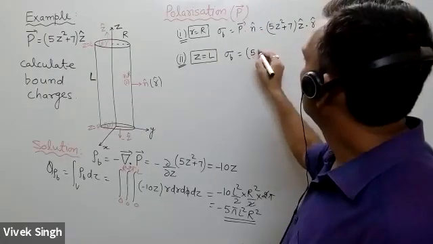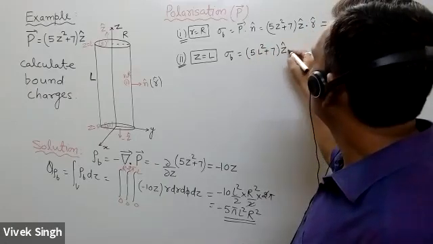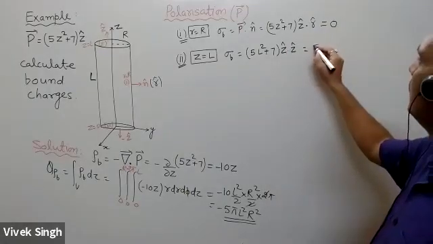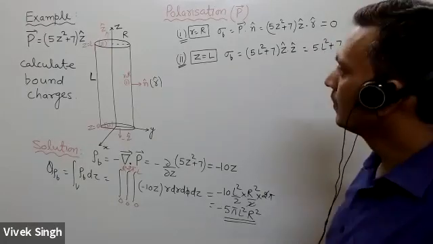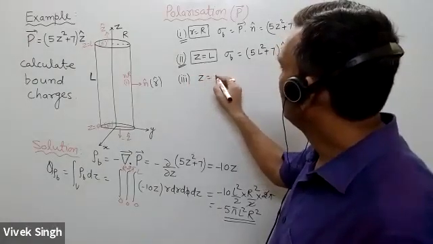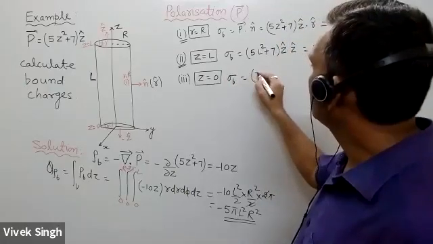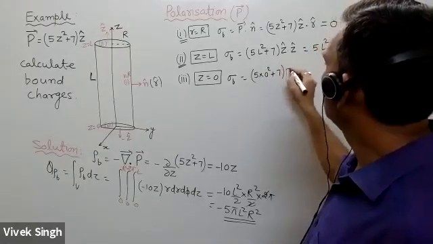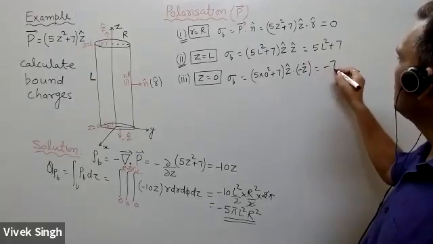So we will get 5 L square plus 7 Z cap dot Z cap, which gives you 5 L square plus 7. And on surface 3, you have Z is equal to 0. So sigma B is 5 into 0 square plus 7 Z cap dot minus Z cap. So this is minus 7.